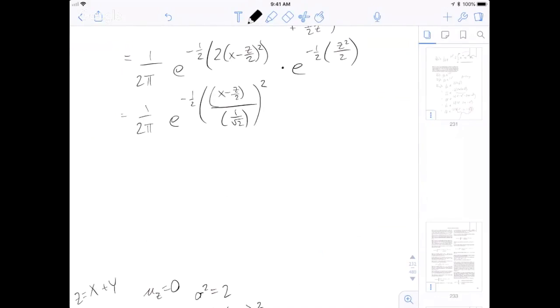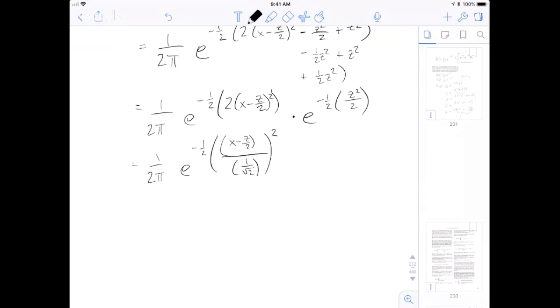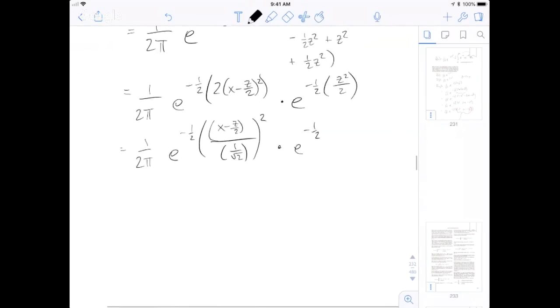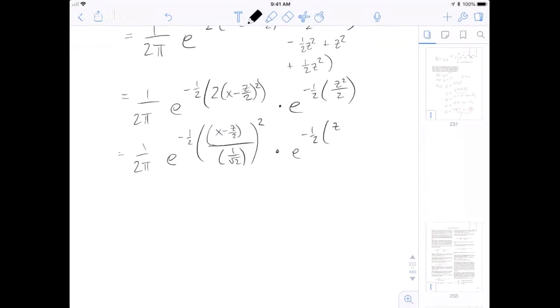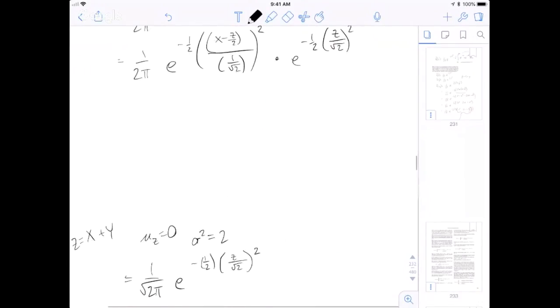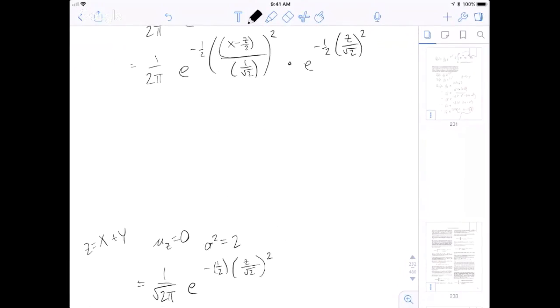I was thinking maybe that on the second piece, I can imagine taking it and writing it in terms of z over root 2 squared, right? So as you can see, I was trying to introduce that little piece down at the end of the root 2.